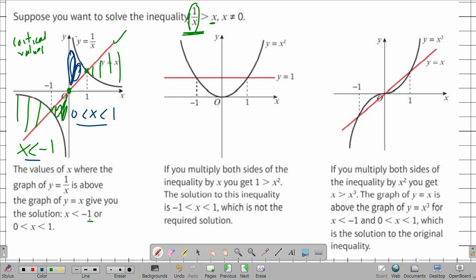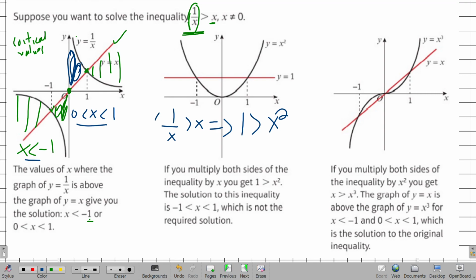However, the same inequality, 1 over x is greater than x, can be changed to 1 is greater than x squared. What we basically did here, we just multiplied. This is the quotient I'm talking about. We removed the quotient 1 over x by multiplying by the LCM, which is x. So we get 1 is greater than x squared.